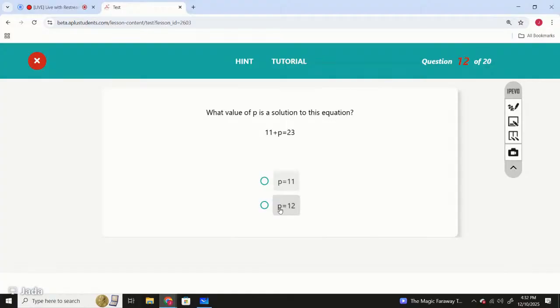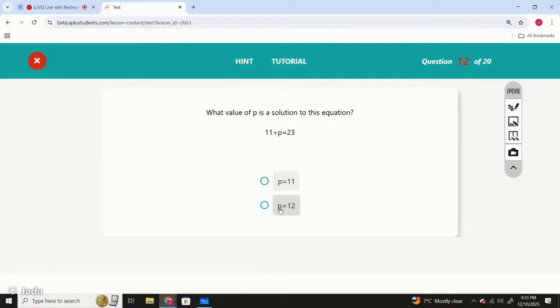What value of p is a solution to this equation? 11 plus p equals 23.